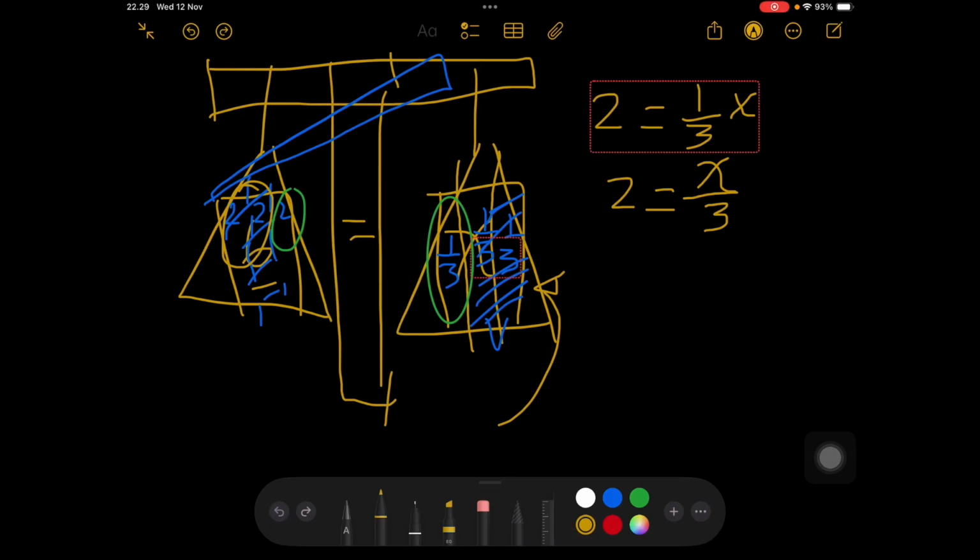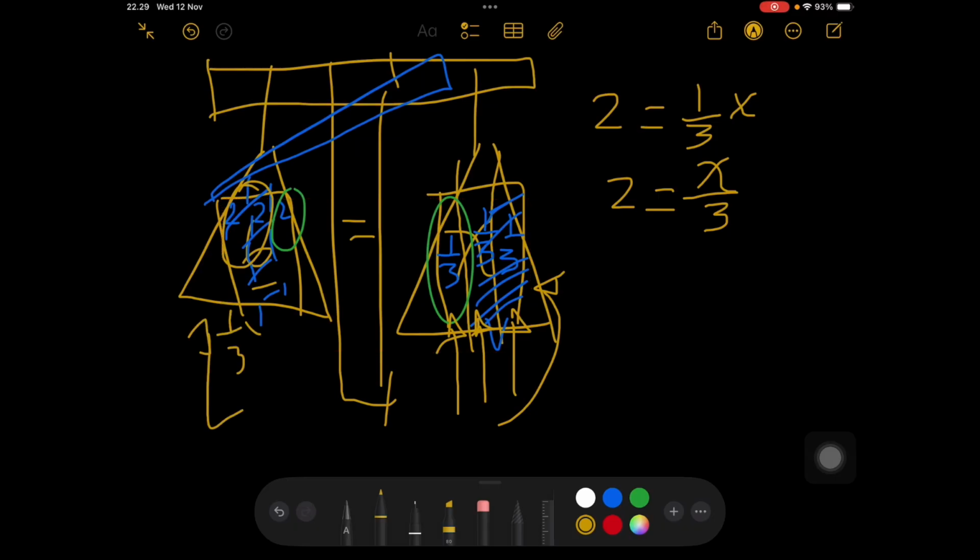So the other way is, since this is 1/3 of x, if we want to get x only, we'll add another 1/3 of x, add again 1/3 of x. But then here we must also add 1/3 of x. We must add the same thing on the left side as what we add on the right side. Then we'll still get this x.